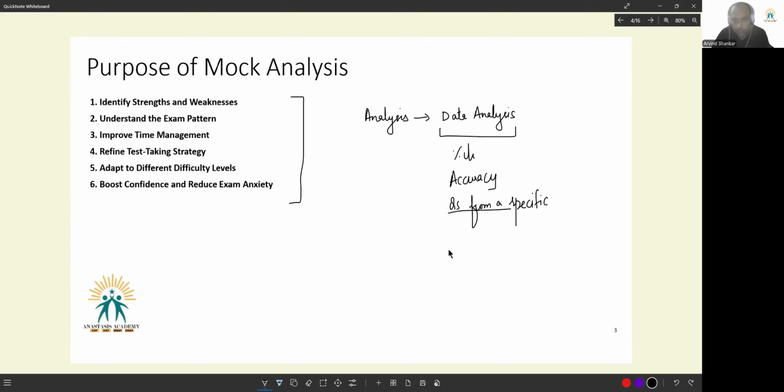Or what is my VA hit rate, or what sort of sets I am able to solve. This is very, very flawed. In my humble opinion, this is very, very flawed, because understand the objective of analysis is improvement.